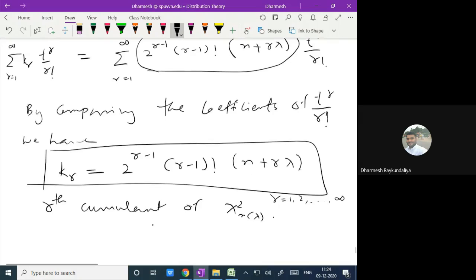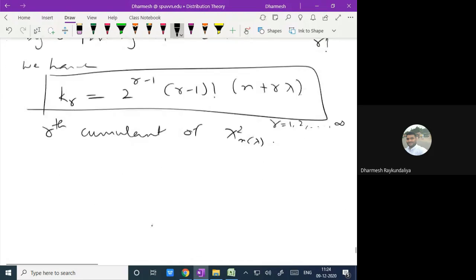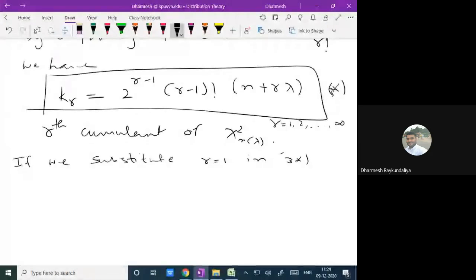So, what is the first cumulant? If we substitute r equal to 1 in 3 star, we get the first cumulant K1 equal to 2 raised to 0 into 1 minus 1 factorial into n plus 1 into lambda. 2 raised to 0 is 1, sorry, and 0 factorial is 1, and here it is n plus lambda.